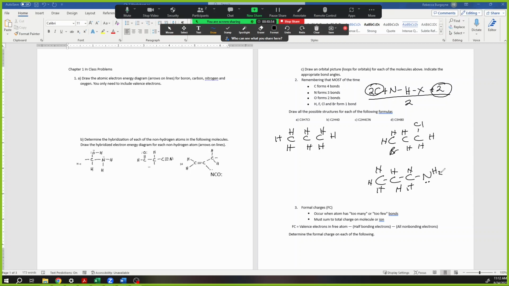So instead of needing 3 when it's on the end, it will only need 2. So rather than being multiplied by 2 like the carbon is, it's just multiplied by 1. If it was in the middle of a carbon chain, it would just need 1 hydrogen. Okay, so it needs 1 less than a carbon normally would, which is why you don't multiply by 2. So you take this and then you divide it by 2, and that tells you how unsaturated it is.